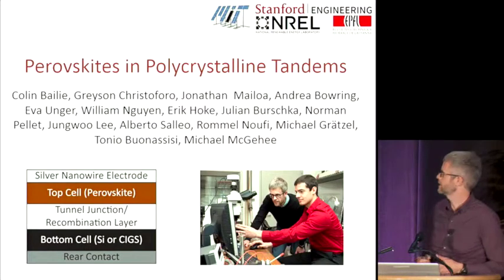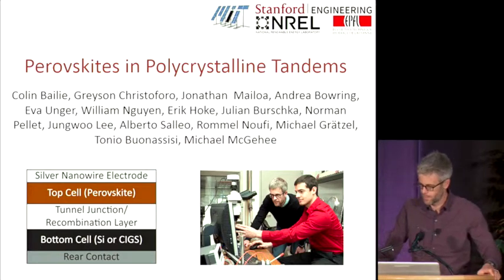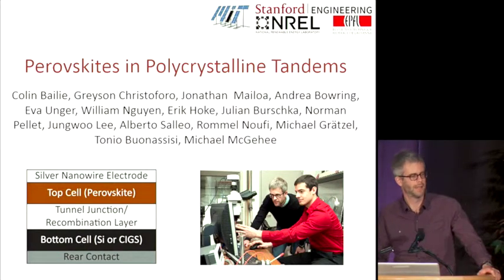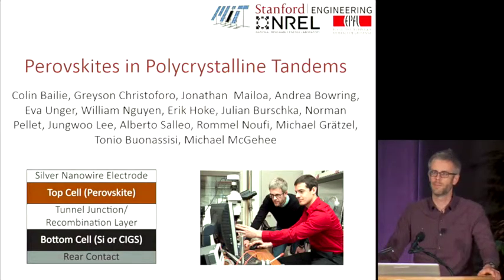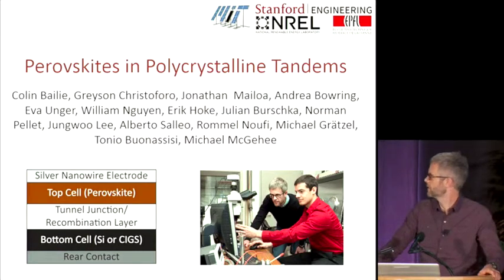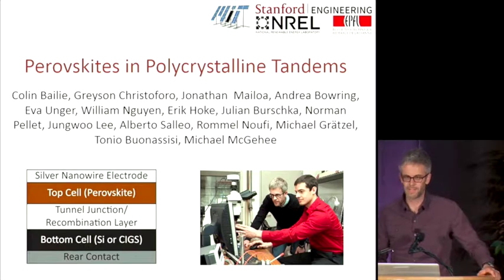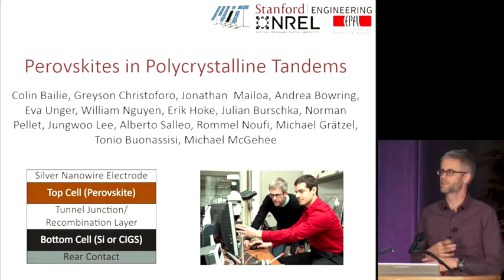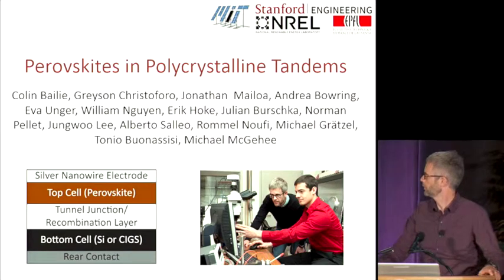Okay, now I'll switch gears and tell you about the research we've done in making tandems that's supported by GCEP, but also by the Department of Energy Sunshot program. There's a lot of layers in tandem solar cells, and it takes a lot of people to build them all and make the whole structure.